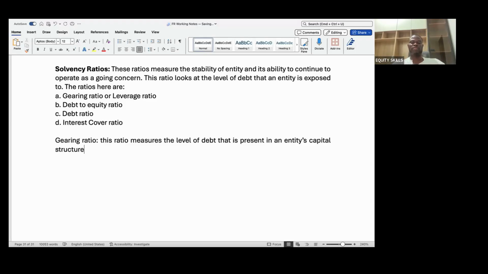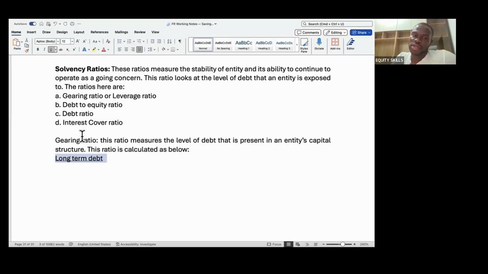This ratio is calculated as below: long-term debts, usually interest-bearing debts.